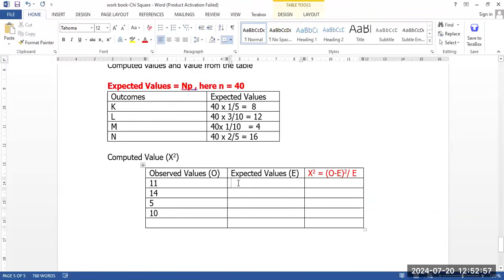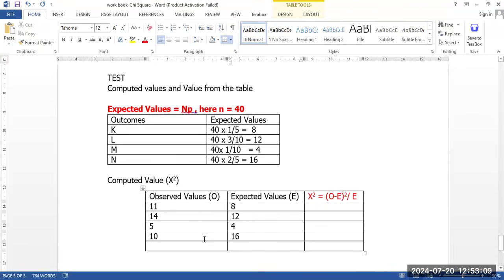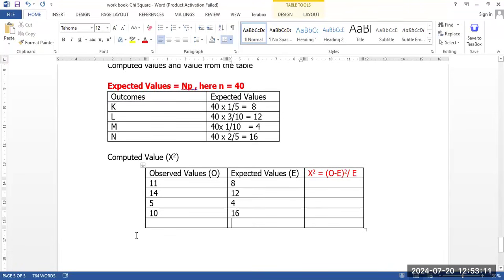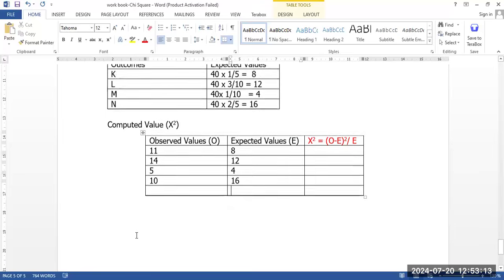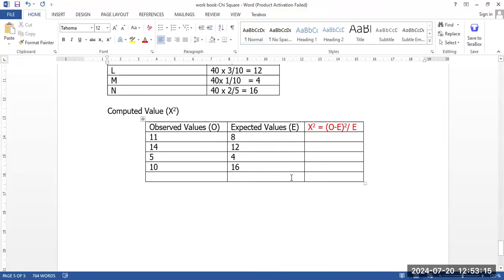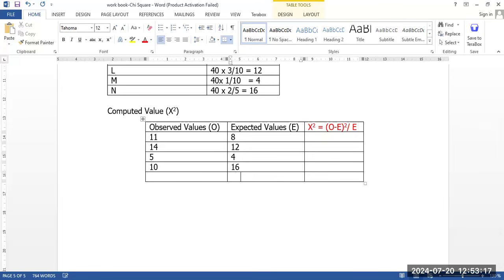Expected values: this is 8, this is 12, this is 4, this is 16. So I think from here you can complete the number, isn't it? You just get the computed value. The total here will be your computed value.